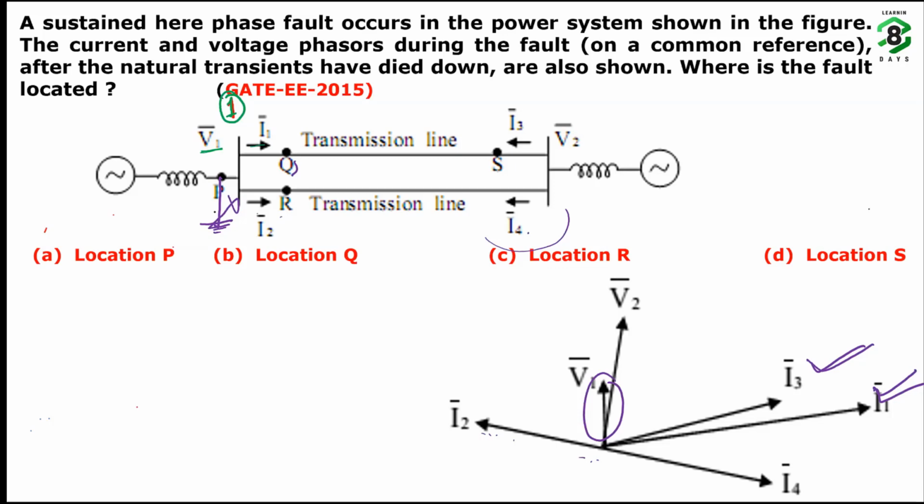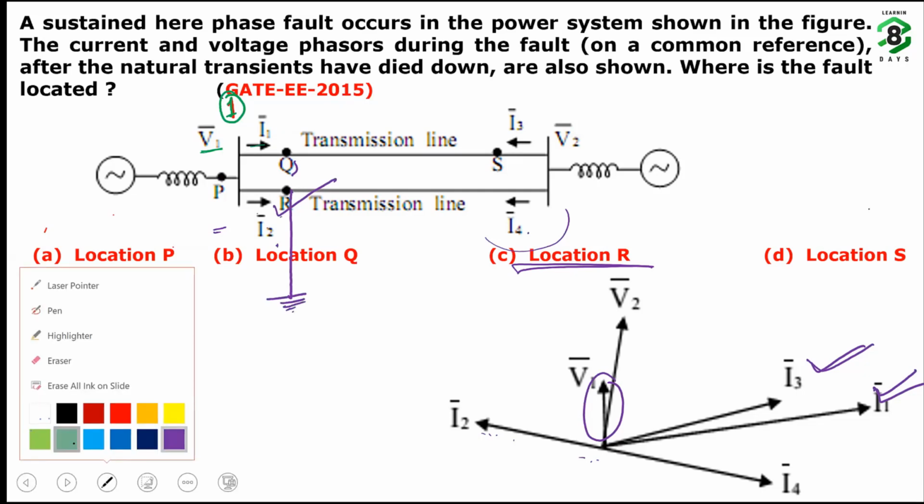Why? Because had the fault occurred at P, both I1 and I2 should lead V1 by approximately 90 degrees. Again, if you check for R, had the short circuit fault occurred at R, how would the fault currents flow?